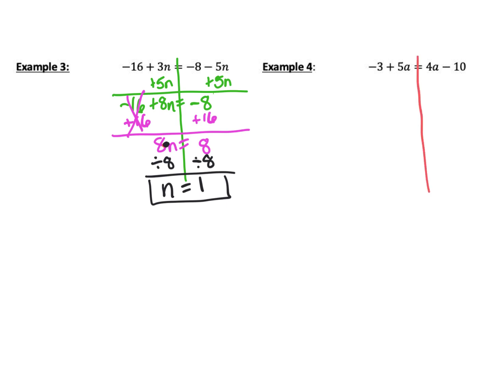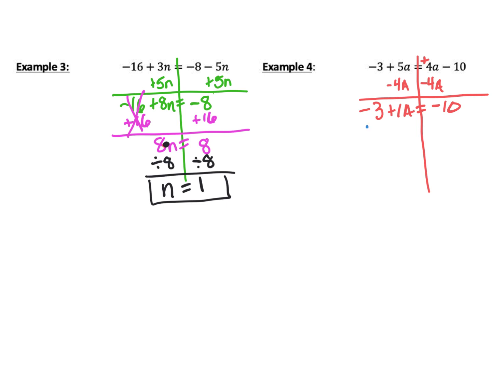All right, let's go through this. This is a positive 4a. I'm going to subtract off 4a from both sides. We have negative 3. 5a minus 4a is 1a, or just a. And then we have negative 10. Again, I'm going to pull from the crowded side, so I'm going to take this negative 3 and put it over here.